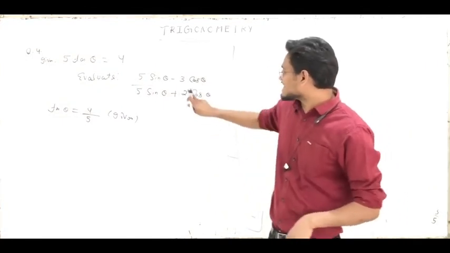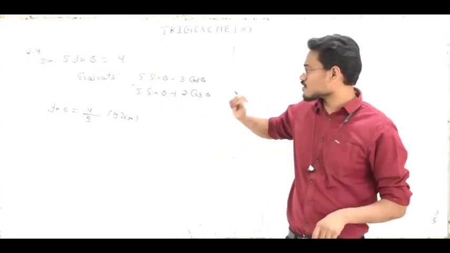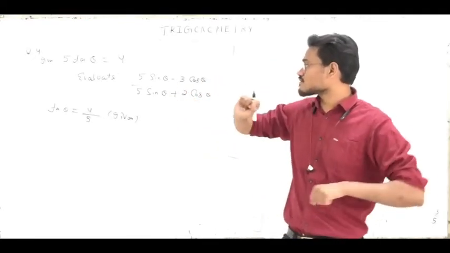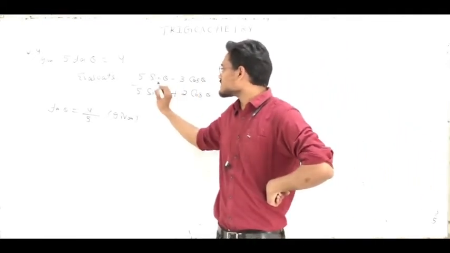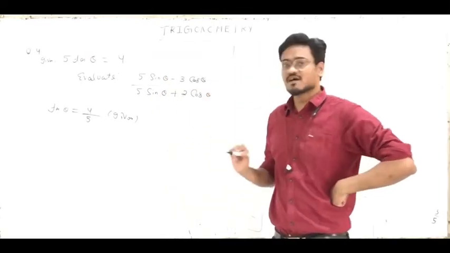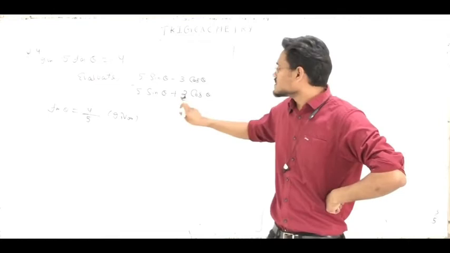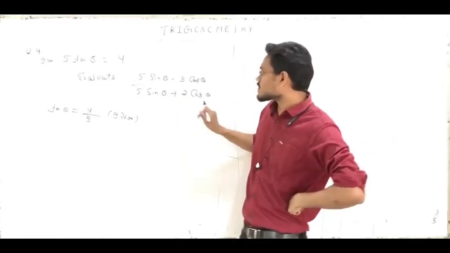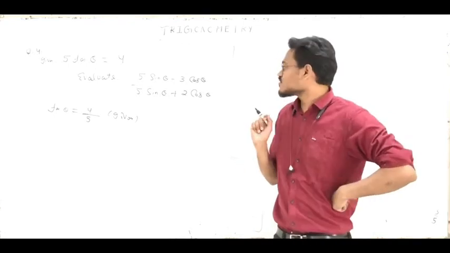So if I divide the numerator and denominator by cos theta, see, if I divide this by cos theta, it will become tan theta. Cos theta upon cos theta will become 1. So here sin theta upon cos theta will become tan theta, and here again cos theta upon cos theta is going to be 1. So my problem is solved.